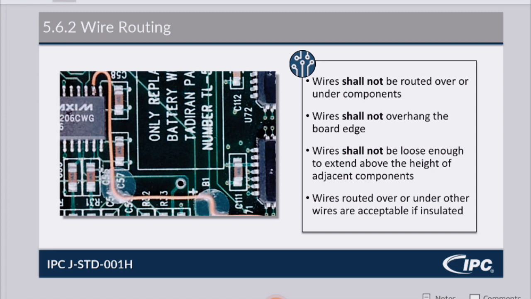Wires shall not overhang the board edge. Wires shall not be loose enough to extend above the height of adjacent components. Insulated wires routed over or under wires are acceptable unless restricted by engineering documentation. For all three of these, it is A1, D2, D3.